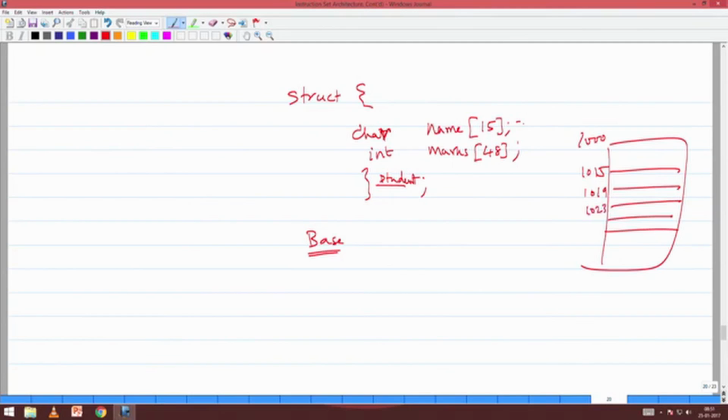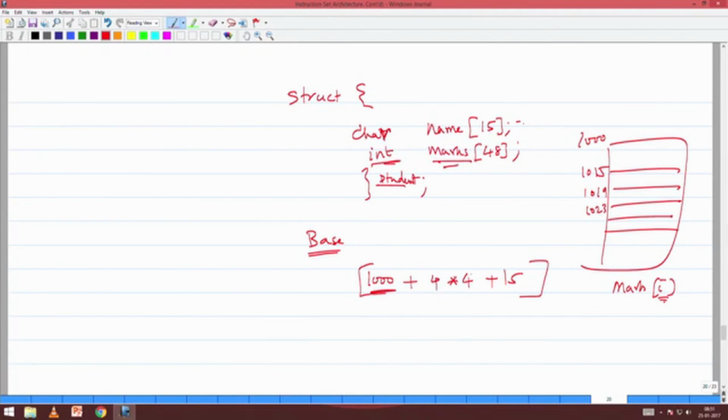If I want to access marks of I, I say 1000 plus the displacement would be this 15. 1000 is the base, I am accessing some field which is 15 bytes away. So, this will be 15 plus marks of I, so I is this index. I want marks of 4, so 4, and int is the size of this, so 4.